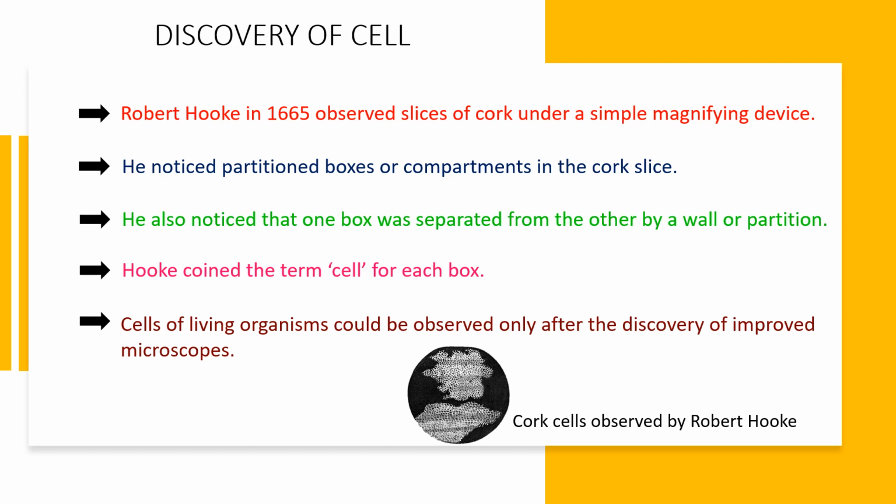So what did he observe? He noticed partitioned boxes or compartments in the cork slice. You can see in this pic down, I kept a pic of the real first when it was discovered. So these are the cork cells which were observed by Robert Hooke.